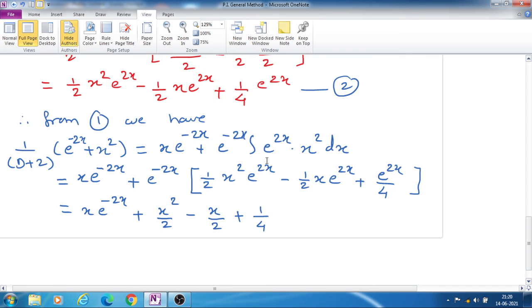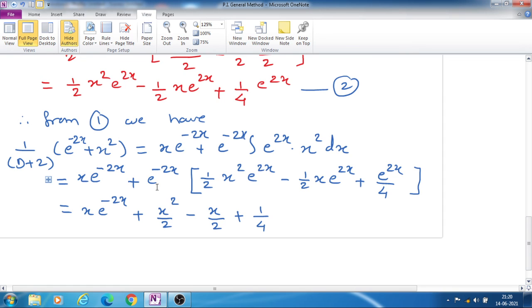Now here outside this integral e raised to minus 2x is multiplied, and therefore multiplying by this e raised to minus 2x into the bracket, we get 1/2 x square e raised to minus 2x into e raised to 2x, which means e raised to 0, that is 1. So only x square upon 2 remains. Next minus x upon 2 plus 1 upon 4.